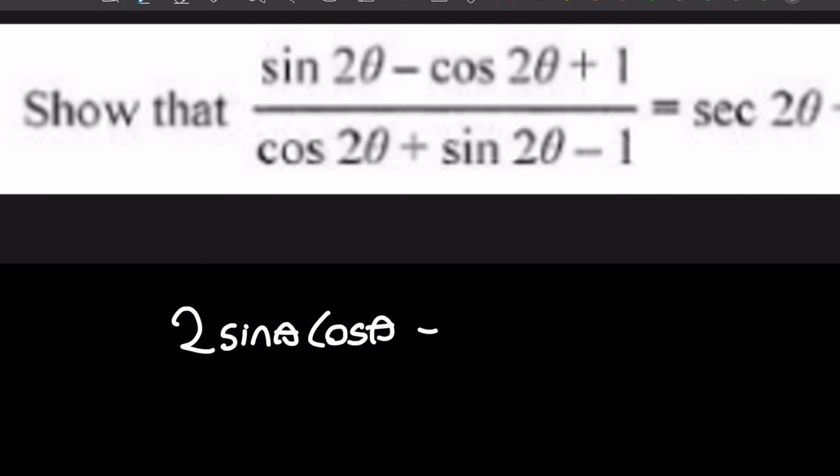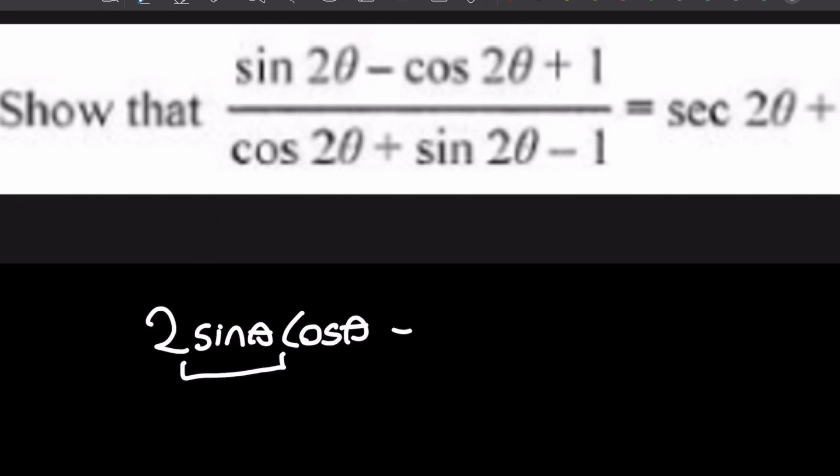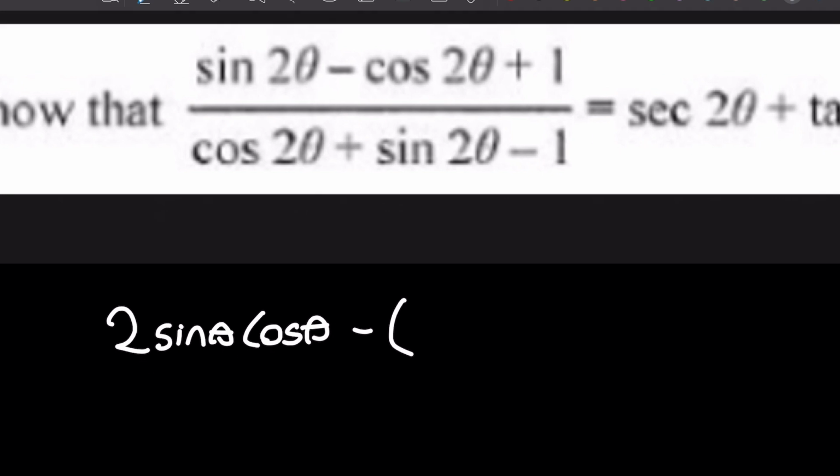We could definitely factor it as sine theta, looking at it right now. So because there's a sine theta in this term, we can use the one with sine theta, so we'll have minus, and cos 2 theta in terms of sine theta is just 1 minus 2 sine squared theta plus 1. And this will be over cos 2 theta.